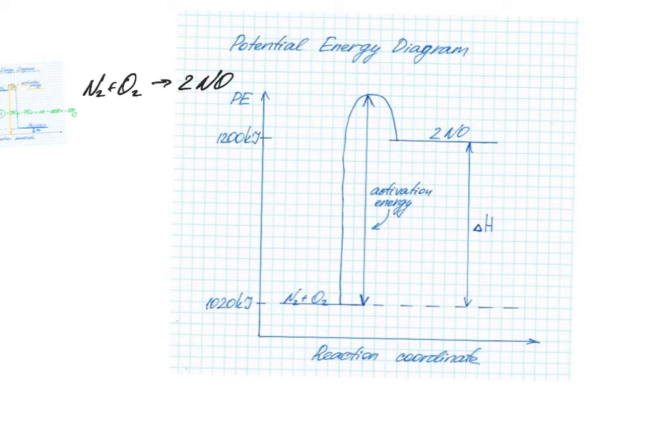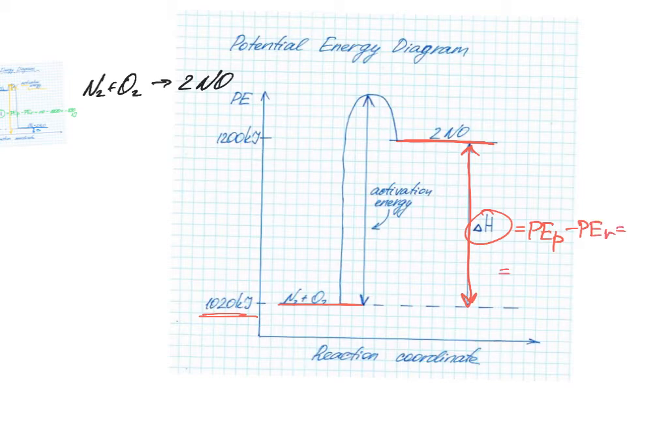And this reaction is endothermic. I can tell it even from the shape of this potential energy diagram. My reactants have a low amount of energy. My product has a higher amount of energy. So if I calculate the heat of reaction for this one over here, it will be potential energy of the products minus potential energy of the reactants.